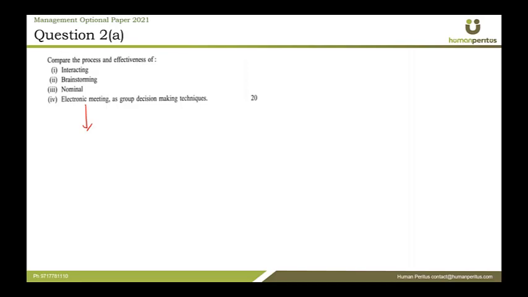The only difference here is that we directly discuss the pros and cons of it. The one major con is when we talk about communication. It is said that 70% of it is body language, correct? And you are able to read body language best when you are in front of that person.